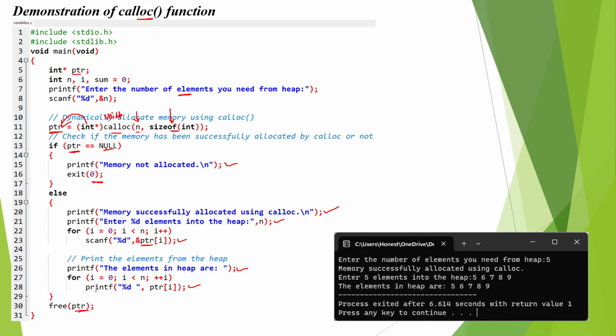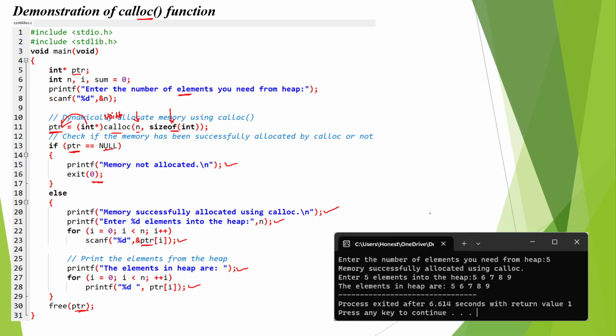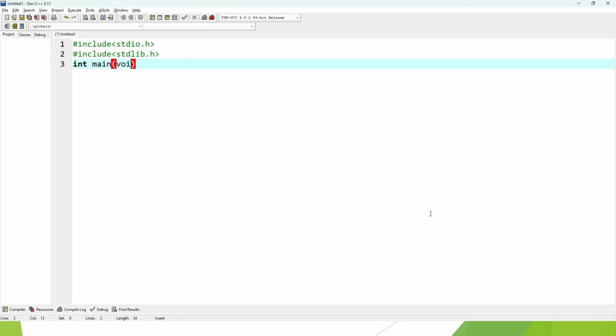The same program I will try to execute, to show the output, on Dev C++. So here I'll open an empty file and include my header file, and also I need to include stdlib.h, hash include stdlib.h, then my main function.